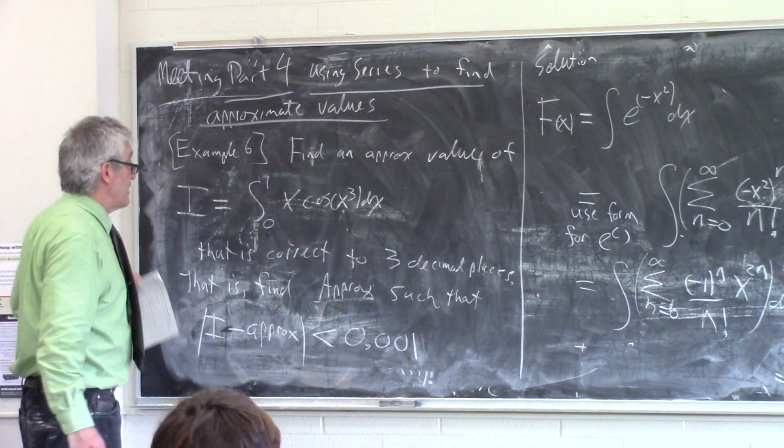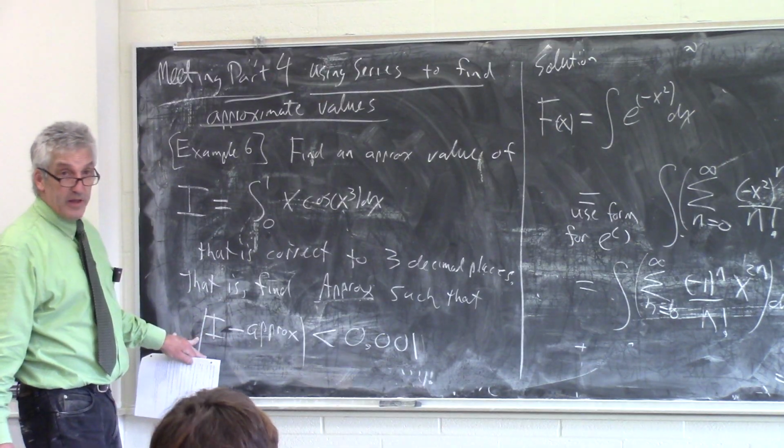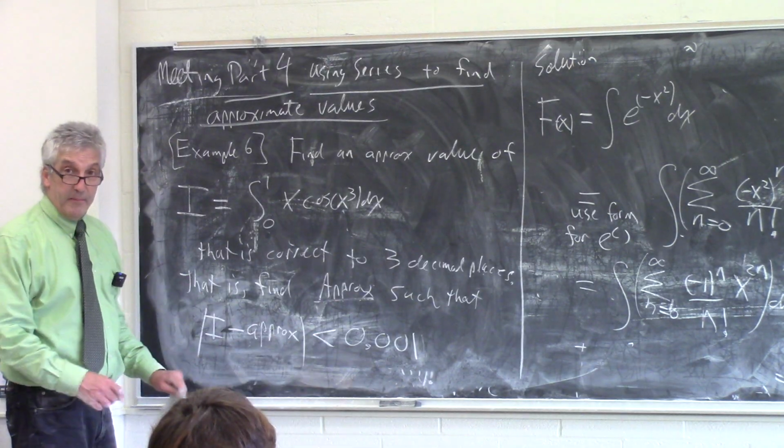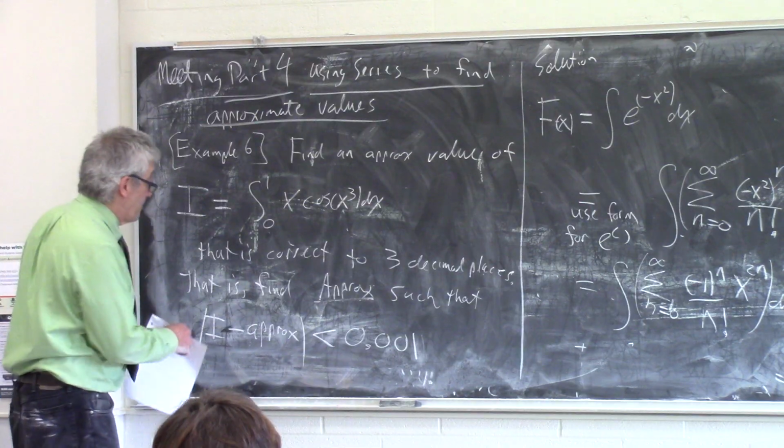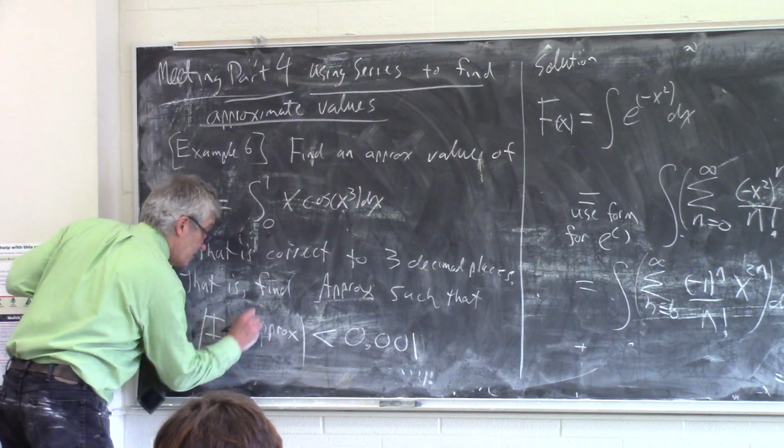If the difference between the approximation and the actual thing is less than that, that means the first 3 decimals in the approximation are going to be correct.